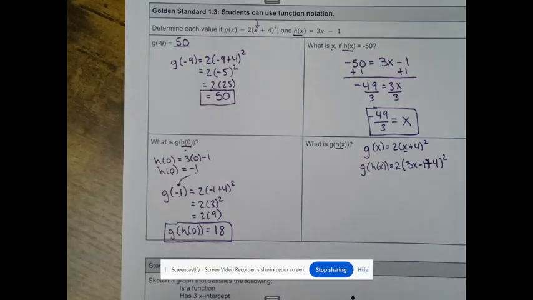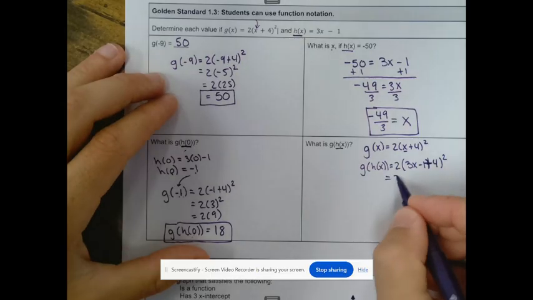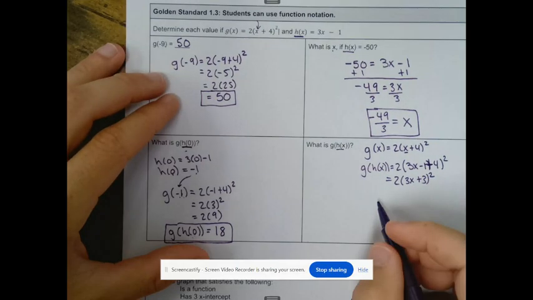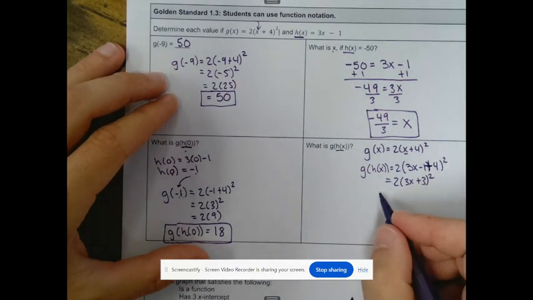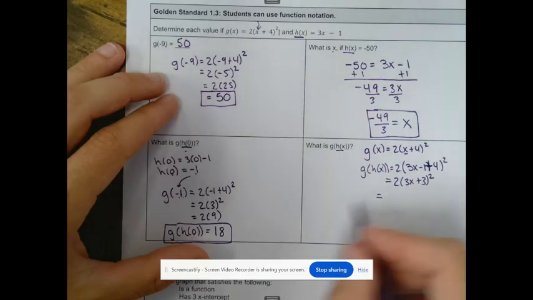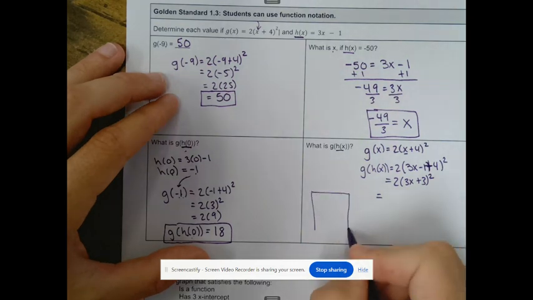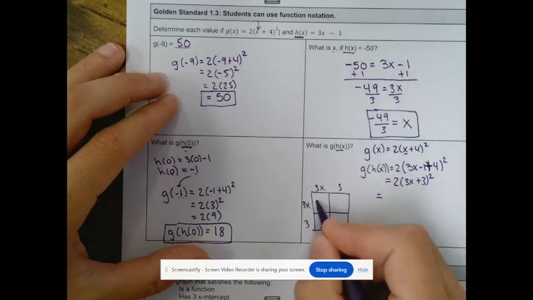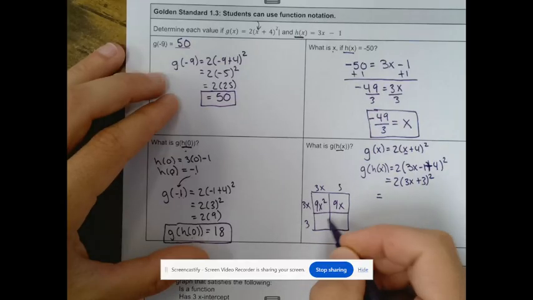All right. Simplify. 2 times 3x plus 3 squared. And let's expand it out so we can combine. So 3x plus 3 squared. To do that, you can do an area model if you'd like. 3x plus 3, 3x plus 3: 9x squared, 9x, 9x, 9.